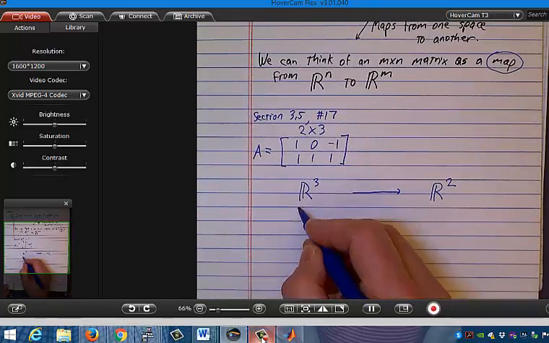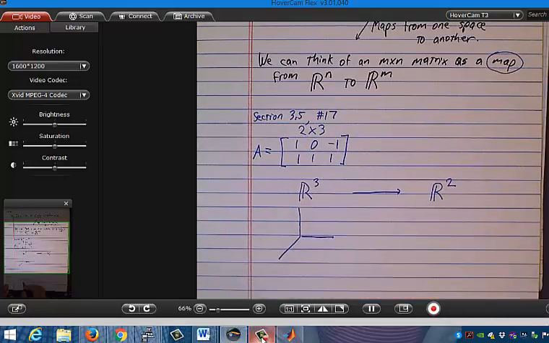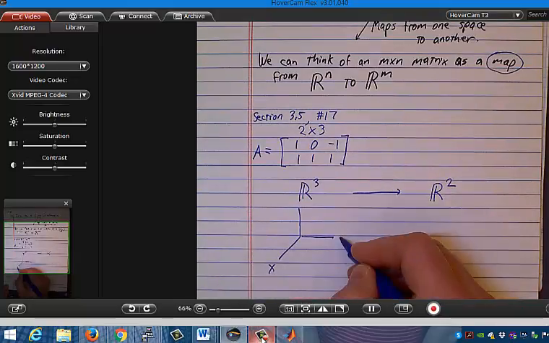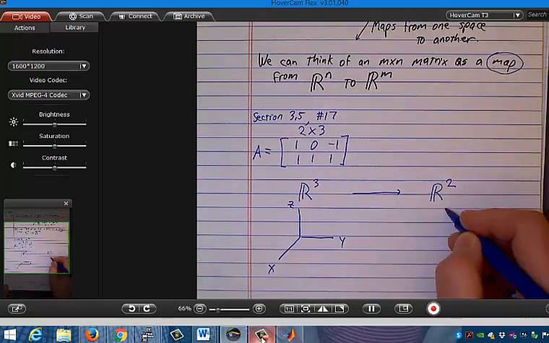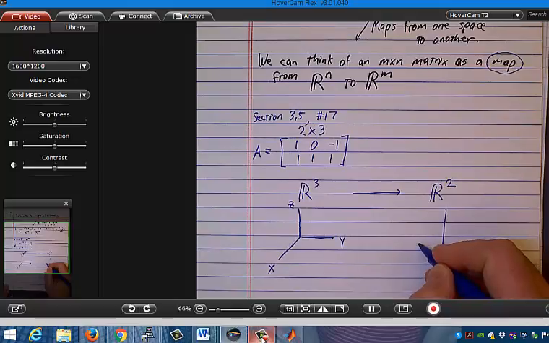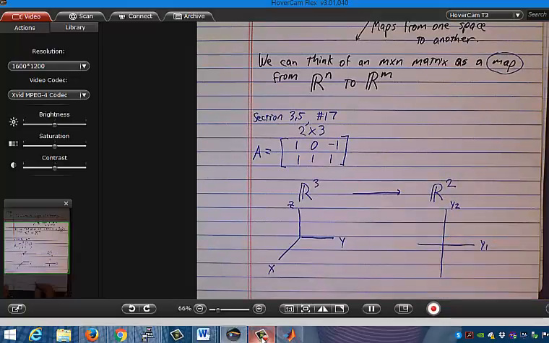In R3, we have, it kind of looks like this, right? X, Y, and Z. But R2 doesn't look like that. R2 looks like this. Maybe I'll just call this Y1 and Y2.